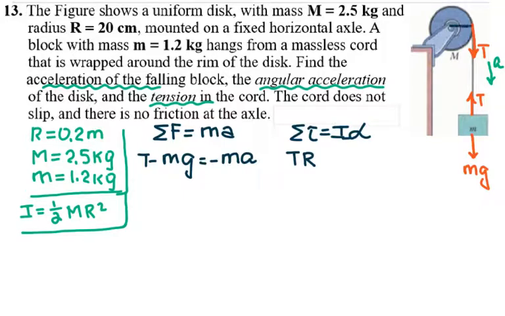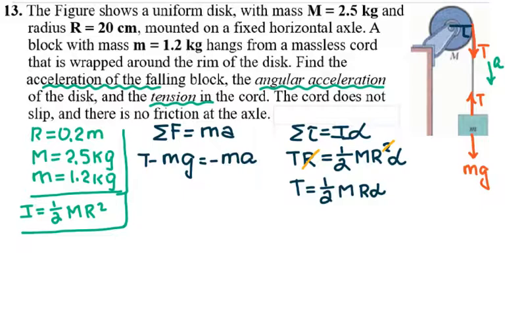The angle between the radius and the tension force is 90 degrees, so sine of 90 is 1, so I'm just going to skip that part, and it equals 1/2 inertia of the disk, mr squared, times alpha. Then I can cancel one of the r's from both sides and find the expression for tension. Tension is equal to 1/2 the mass r times alpha.